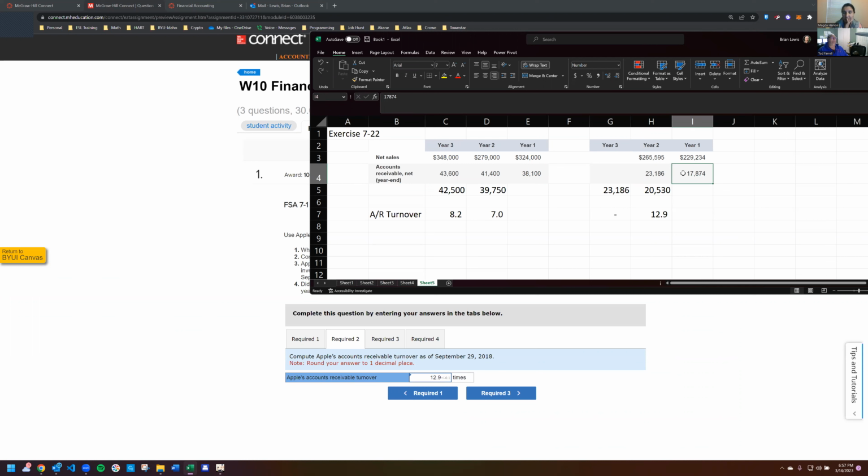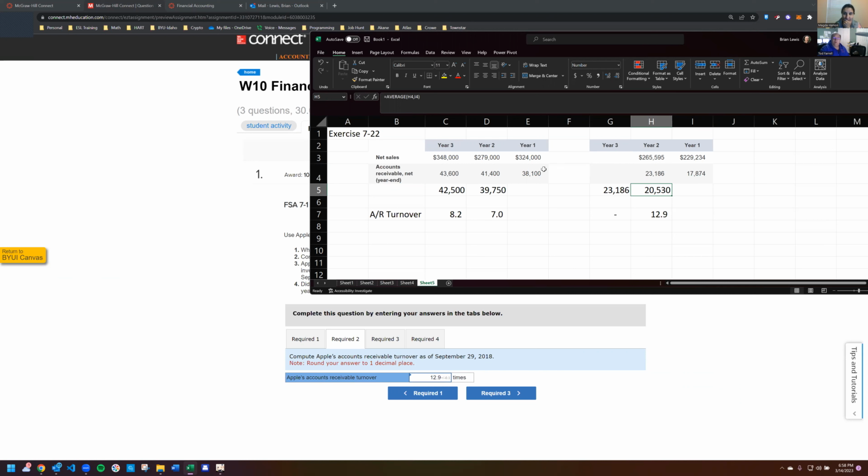So you use the equation of average. Averaging would be the same as adding cells H4 and I4 to get a sum and then dividing by 2. In the other case, it would have been cells C4, D4, E4, sum divided by 3, because you're dealing with 3 years in that one.